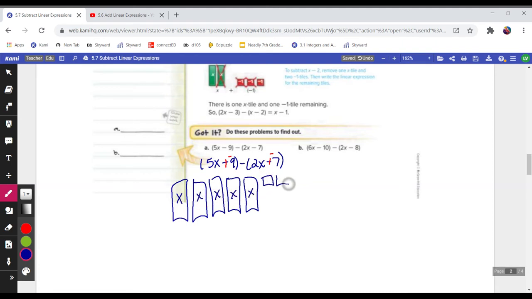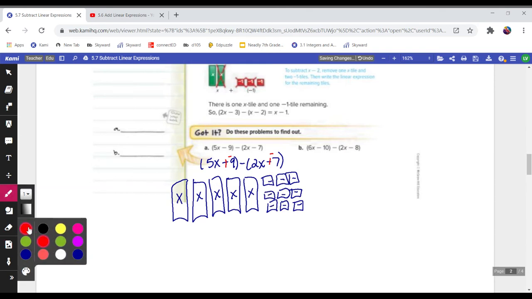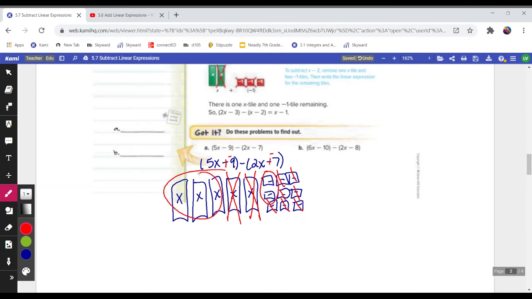I'm going to make 9 negatives. And then according to this, I want to take away 2 x's. And I want to then also take away 7 negatives. That leaves me with 3x minus 2.